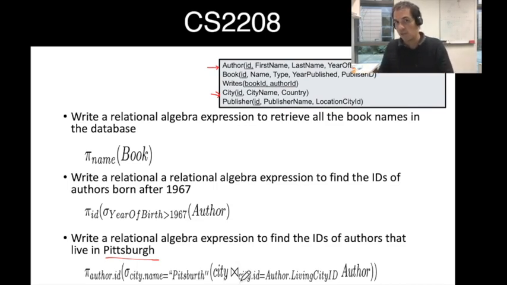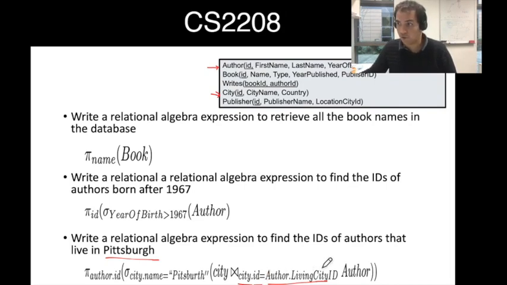But if you use the natural join, you will be saying that they mean the same. So we have to indicate the condition. We want to say that the city ID and the living city ID of the author are equal. So that's a very important, relevant detail of this question.